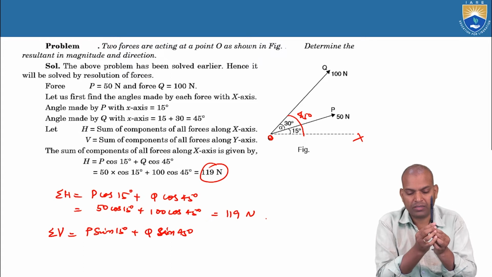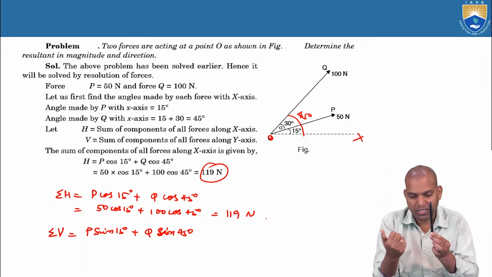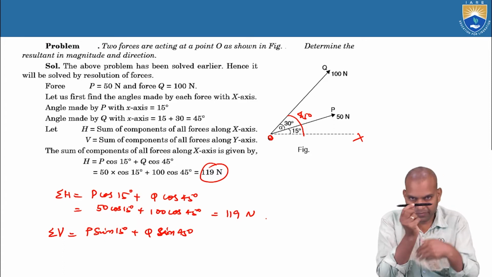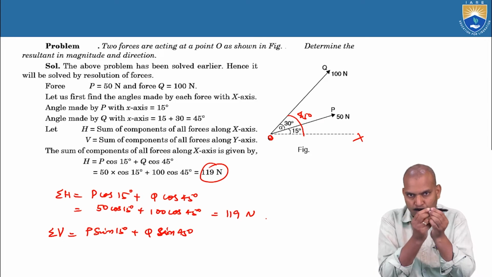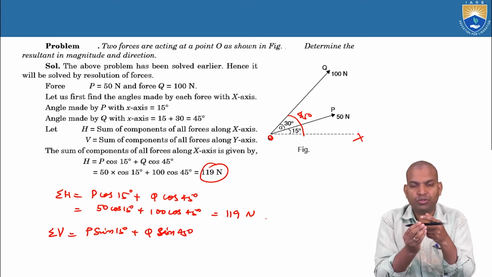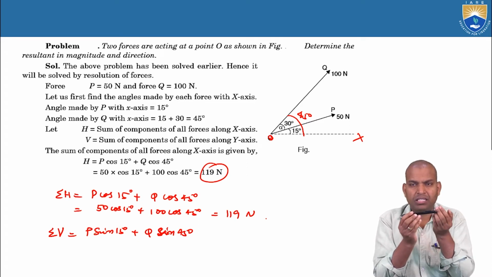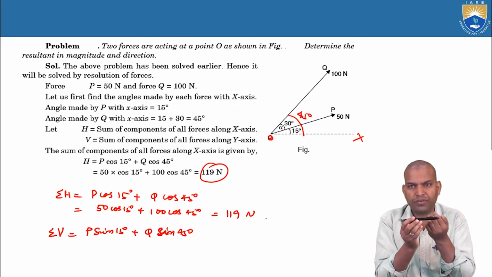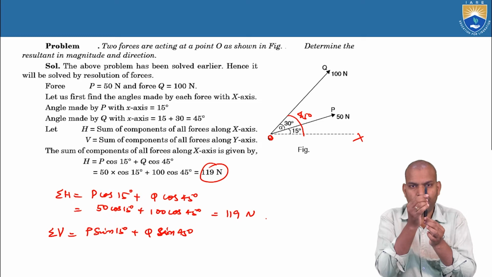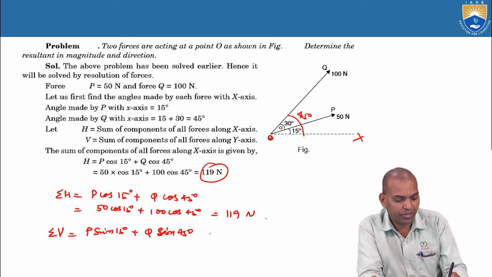P sin 15 is in the upward direction, so positive Y, and positive X. Similarly, OQ is moving in the positive X direction, so Q cos 45 is positive, and Q sin 45 is upwards, positive. So P sin 15 plus Q sin 45.